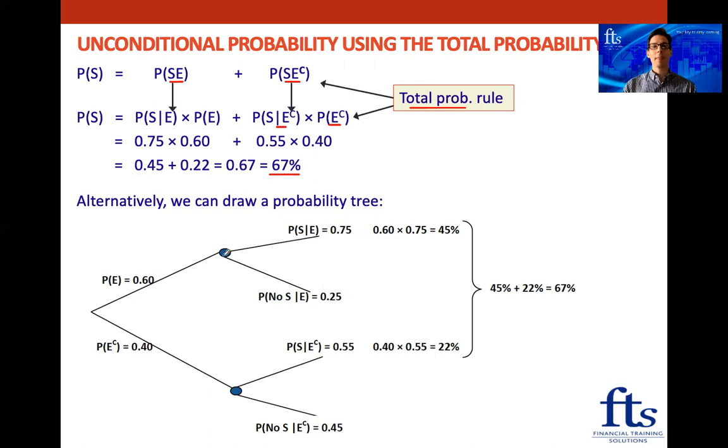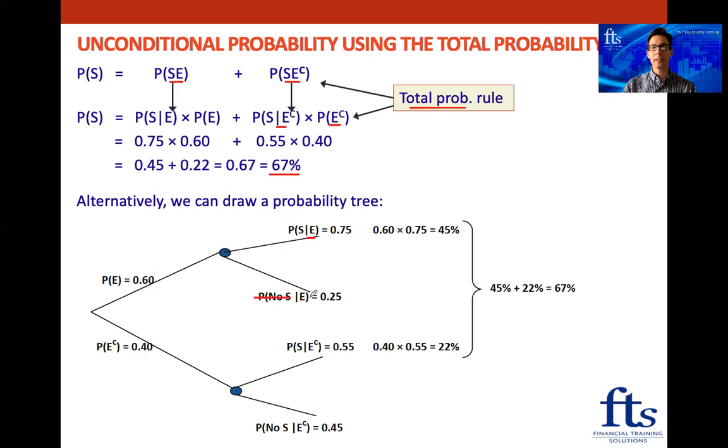Now they told us the probability sales increase given we're in expansion. So given we're over here in the top half of the tree, the probability the sales increase given we're in expansion was 75%, which means the probability that there's going to be no increase in sales given that we're in expansion is going to be 25%.